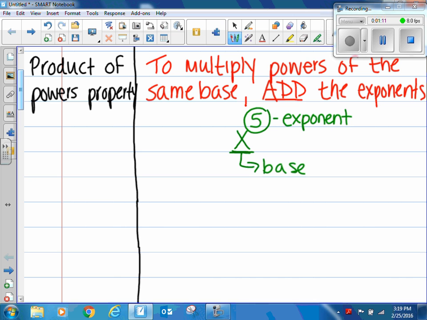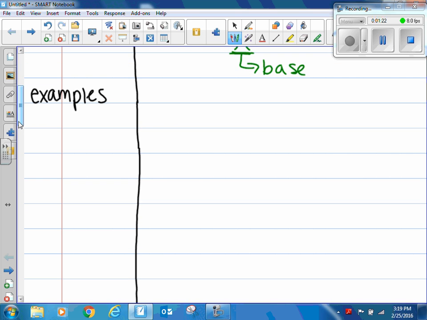So some examples when you have the product of powers are as follows. First one, let's say that I have x squared times x to the third.